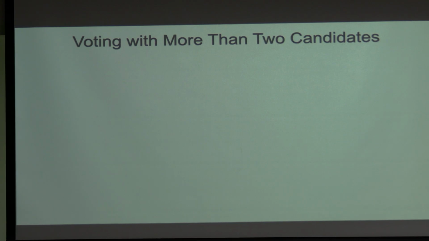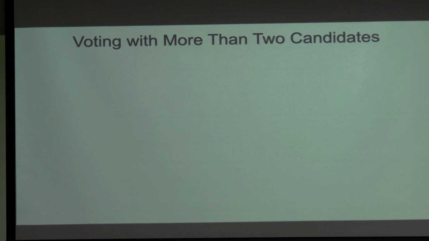Say someone whose name starts with S is tied with someone whose name starts with R, then R wins. You could also just toss a coin. If there are three candidates who are tied, just toss a three-sided fair coin. And there could be a bunch of other ways.